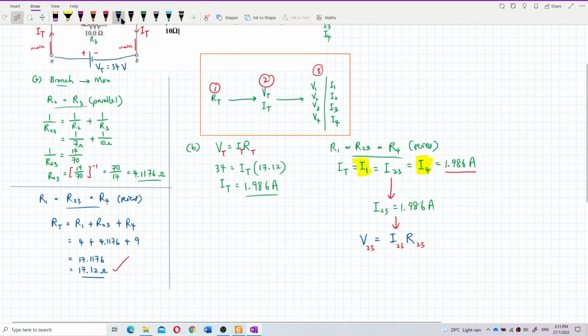So now let's substitute the current 23 over here: 1.986, and then resistor 23 is 4.1176.